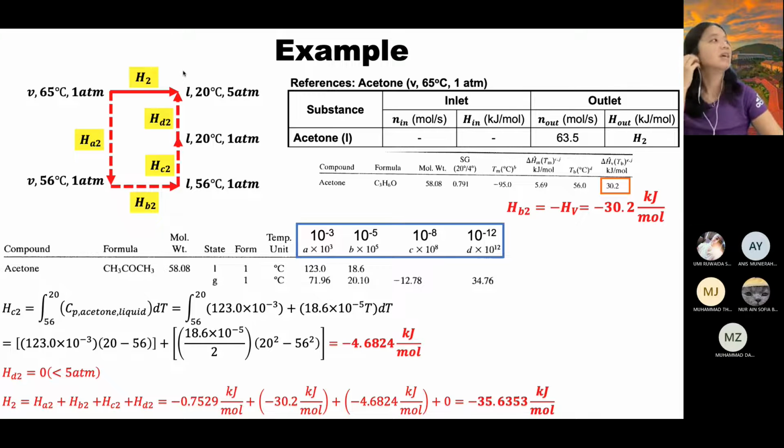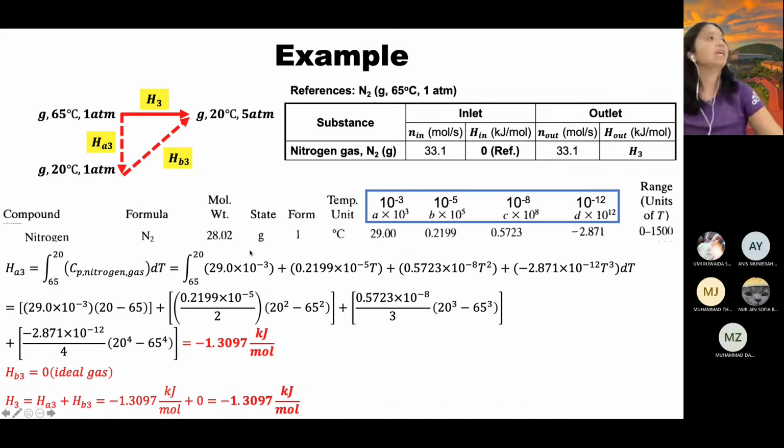Sebab senang cerita, dia ada perubahan daripada vapor to liquid, satu lagi dia perubahan suhu, dia penurunan suhu dan vapor kepada liquid, the enthalpy surely a negative value. So kalau you dapat positif, you better check back. Certain condition, especially penurunan suhu, dia mesti negatif. Kalau kamu dapat positif, kamu check, mungkin kamu terbalikkan suhu. You switch the temperature accidentally. Okay, so done.